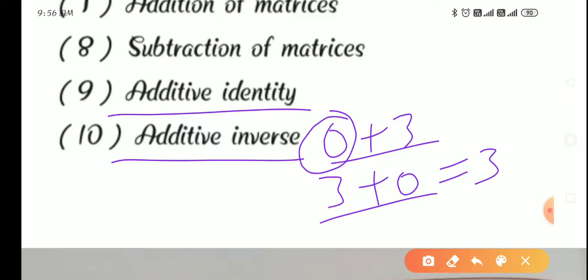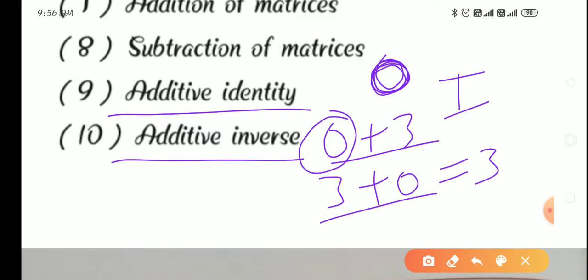In the same way, the 0 matrix is the additive identity in matrix algebra. The 0 matrix is denoted by O, and the identity matrix is denoted by capital I. I did not tell you, but I am telling you now.